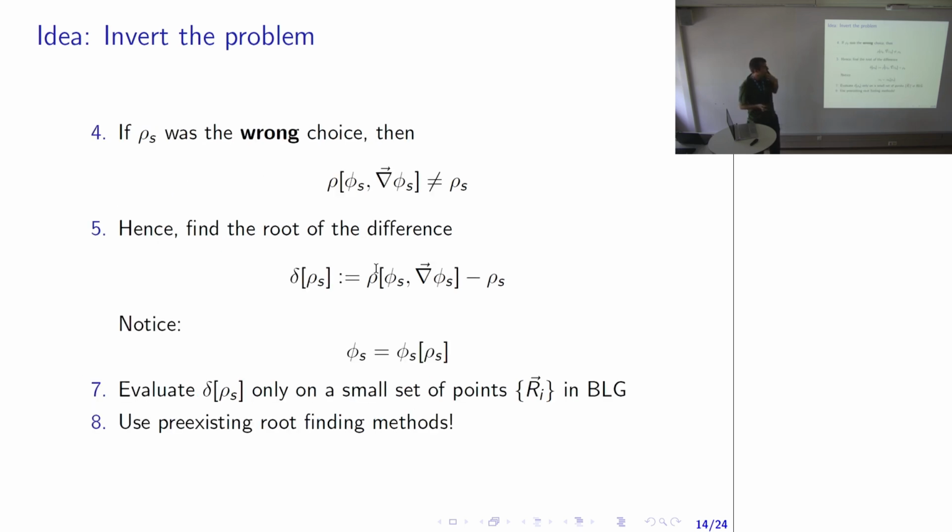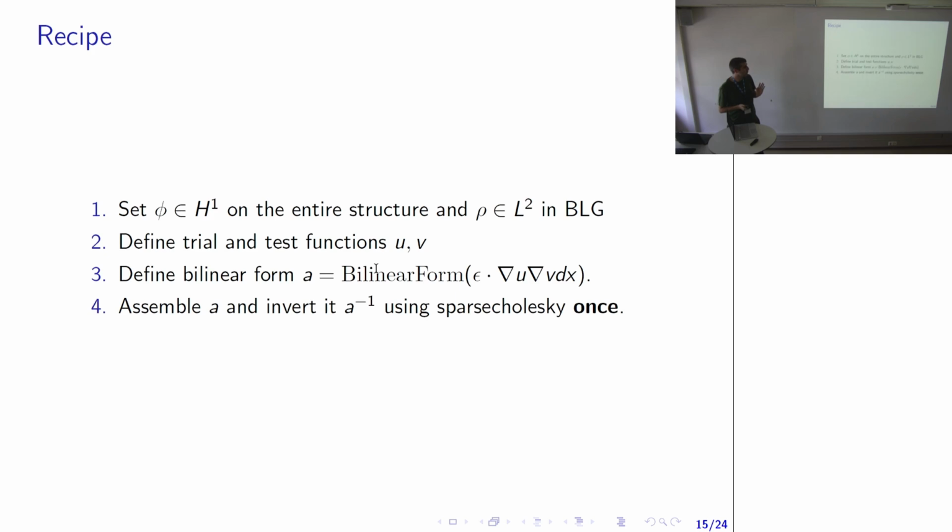If rho was the wrong choice, then they're not going to be equal. In fact, there's going to be a difference. We are just going to minimize this difference, or rather we are going to find the root of this function, rho delta. And we are just using pre-existing root finding methods for this.